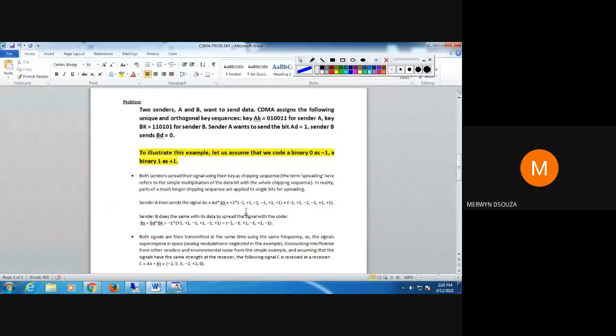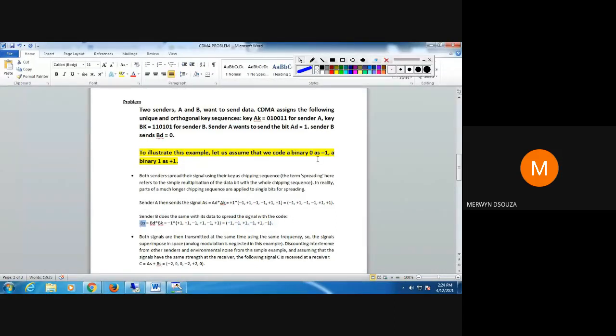Similarly, you will find the dot product of station B's data with the code of station B. Denote the answer that you get as BS.